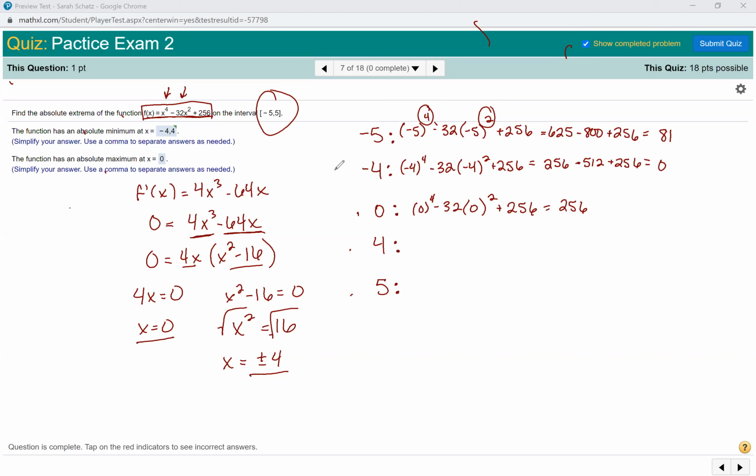So because of that, your value at -4 and +4, and then the same with the 5s, is going to be exactly the same, right? Because your negatives went away when you squared and when you took it to the 4th power. So make sure you understand why your value at 4 is going to be the same as your value at -4, and your value at 5 is going to be the same as it was at -5.